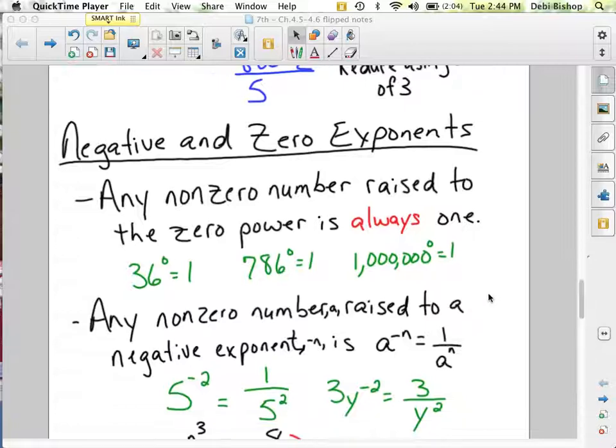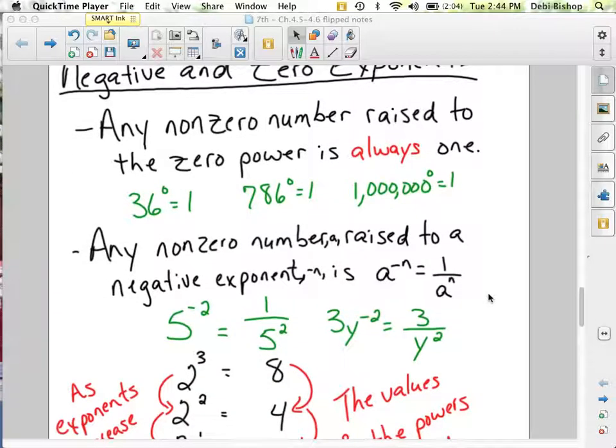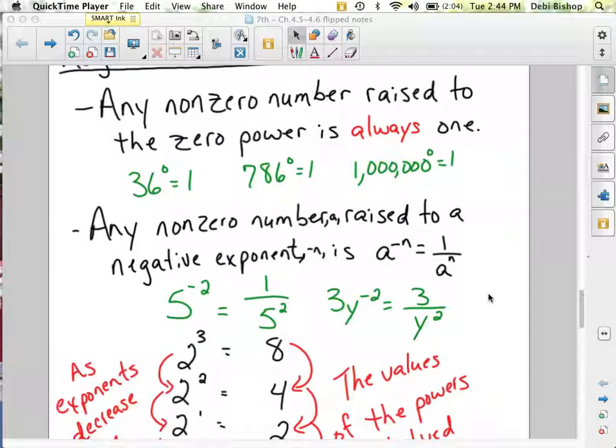And then our other one, it's a little harder to write down, but I think you'll understand the concept after a couple examples. Any non-zero number, like a, raised to a negative exponent, like negative n, so a raised to the negative n equals 1 over a to the n. So it makes it into a fraction.